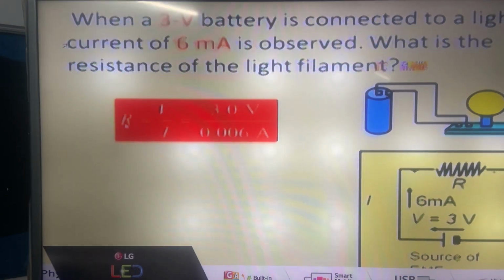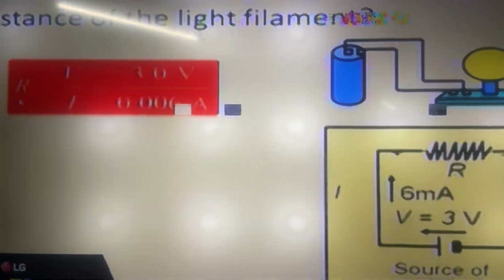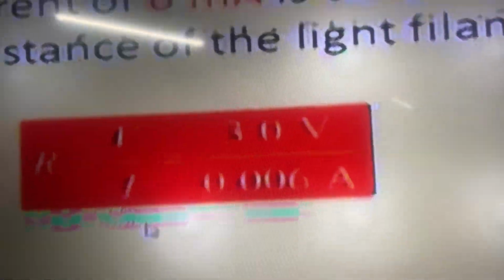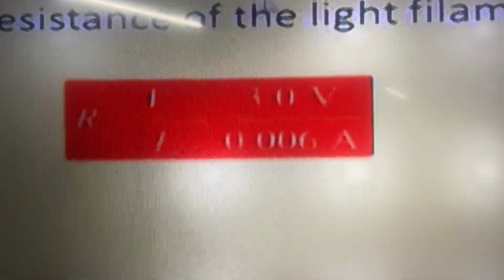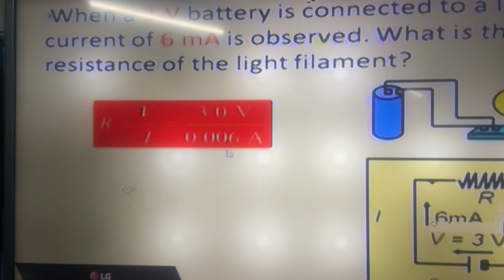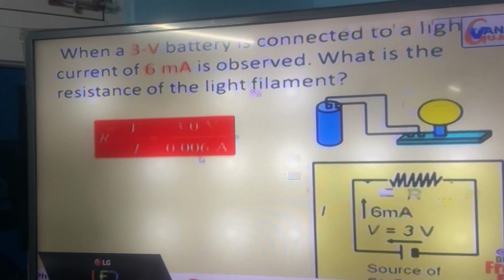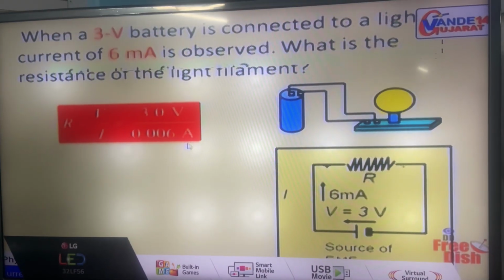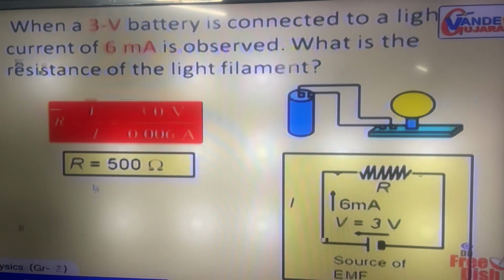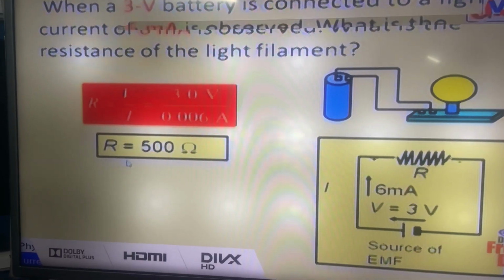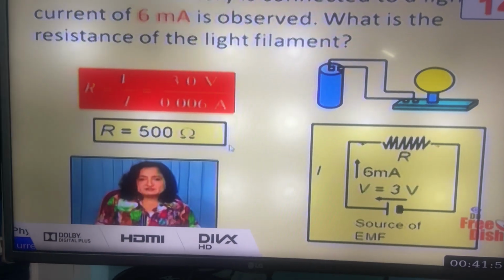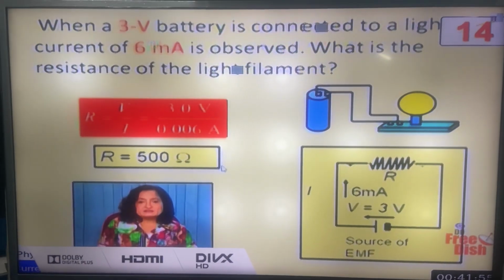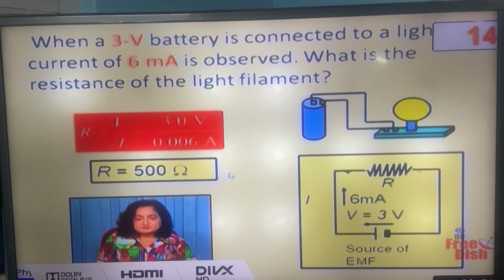I have Ohm's law as R equals V upon I, that is 3 volt, and I have converted this 6 milliampere into ampere. It is 0.006 ampere. So the result is R is equal to 500 ohm. That is the value of resistance of the light filament.